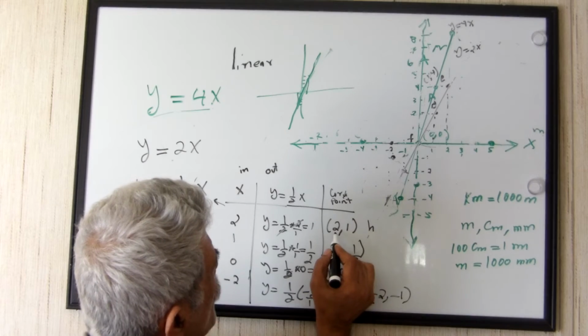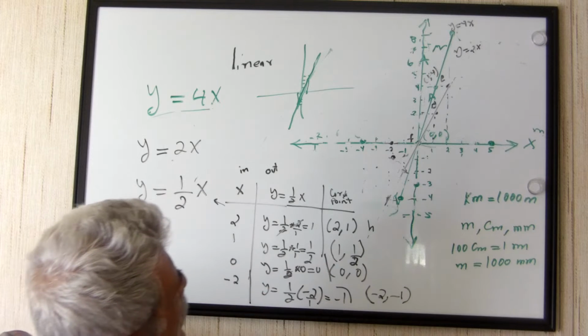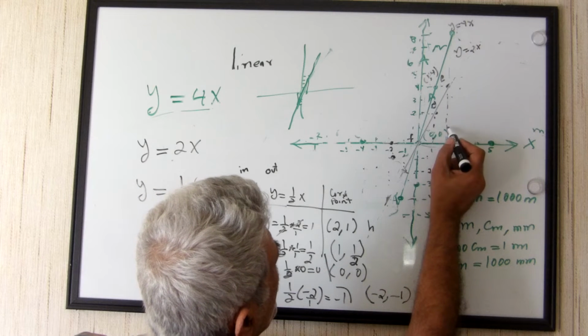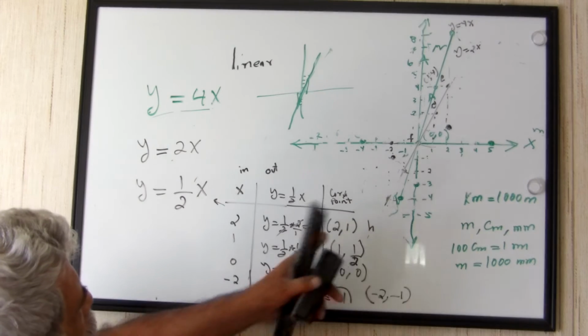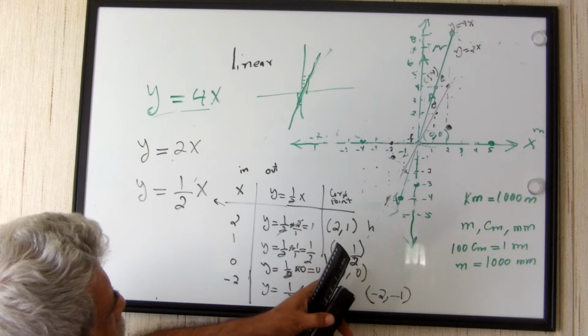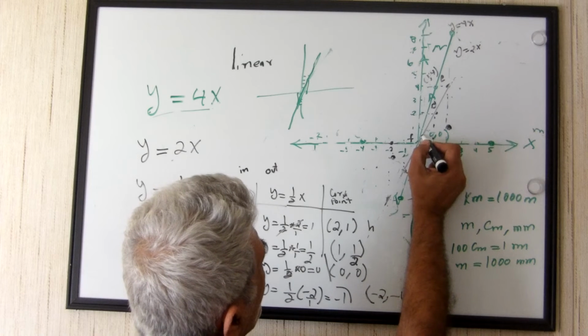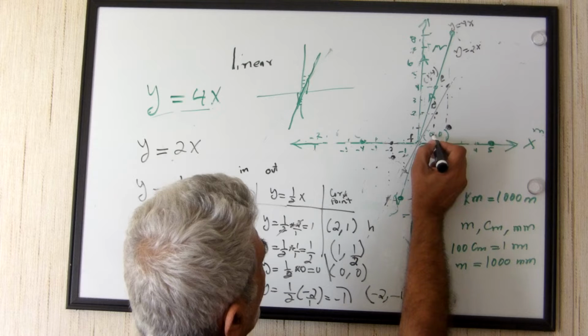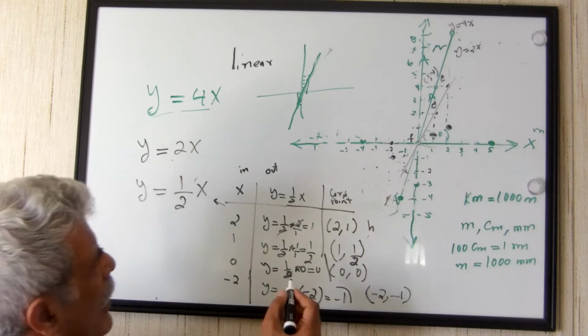So this is x is 2, y is going to be 1. The first point here is x 2, y 1. And then x 1, 1/2. x 1, 1/2 is here. This is 1, half of it is going to be this. So the second point is this one.